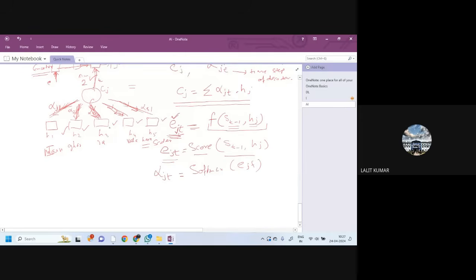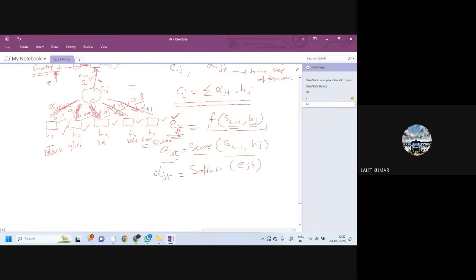So wherever this EJT is maximum, the alpha will be maximum. For example, I can say at this time step this is 0.8, 0.05, 0.05, 0.05, and 0.05. Is this correct? So now I have got alpha values: 0.8, 0.05, 0.05, 0.05, 0.05.